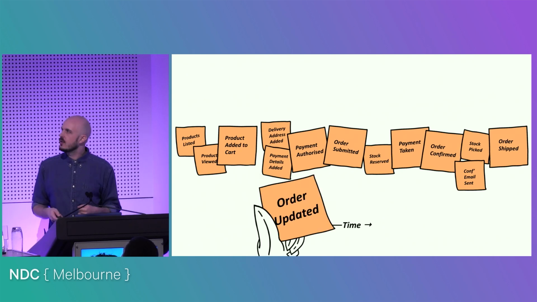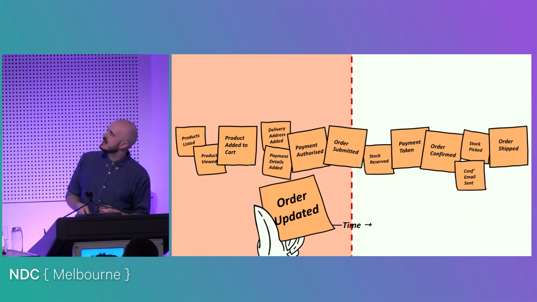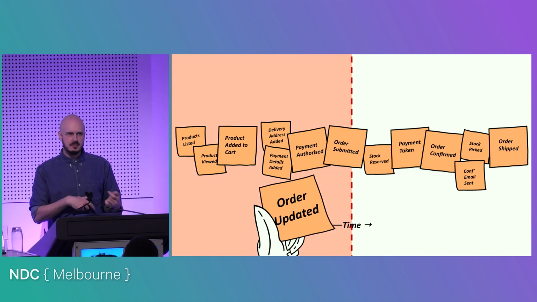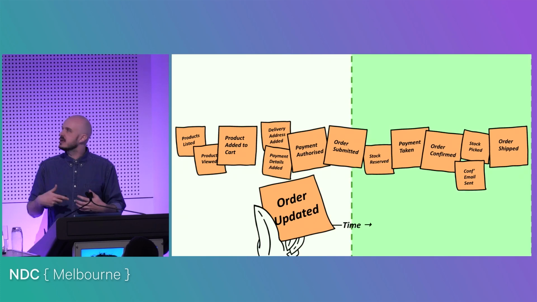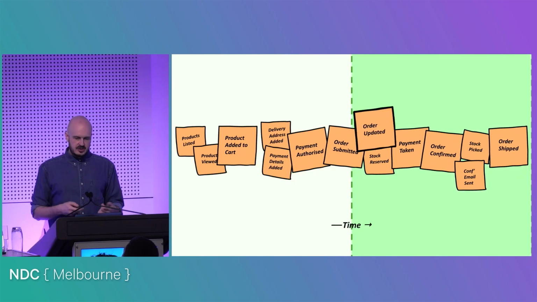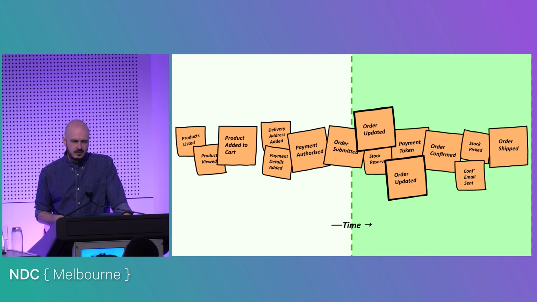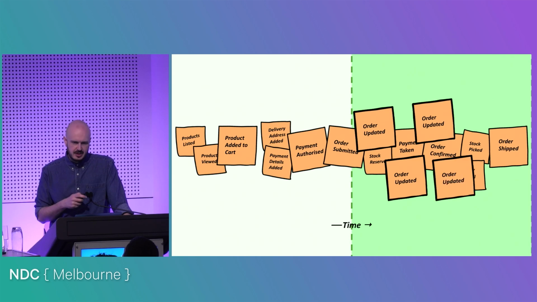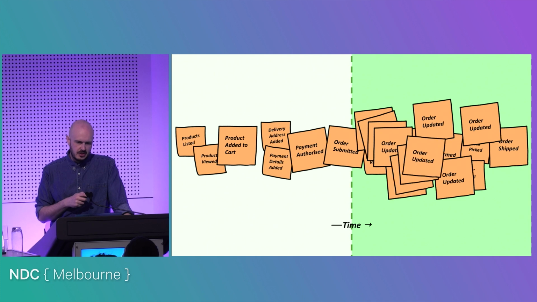So where's it going to go on our timeline? Well, obviously it can't go before the order was submitted because that's when it first comes into existence. It must have to be after that. So maybe it comes just after the order was submitted or, actually after we've reserved stock. No, it could even happen after we've taken payment or there. It could even happen, in fact, multiple times all across our timeline. Look at them go.